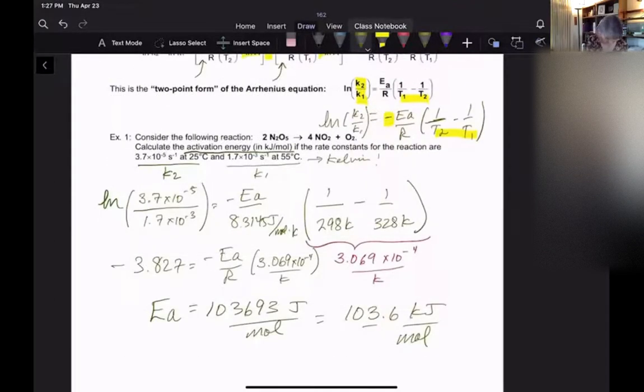For your temperatures, you have it as 1 over T1 minus 1 over T2, is that correct? No, I let this one be T2, but I flipped them here. I was following the first equation: the natural log of K2 over K1 equals positive EA over R times 1 over T1 minus 1 over T2.